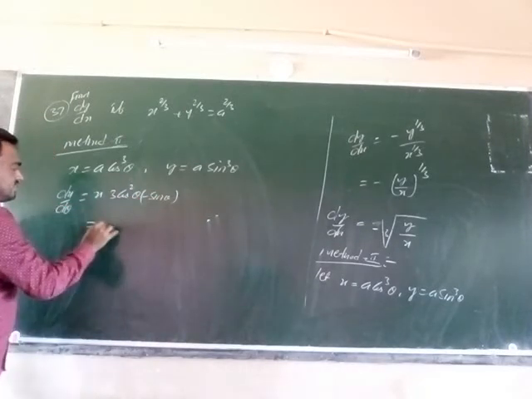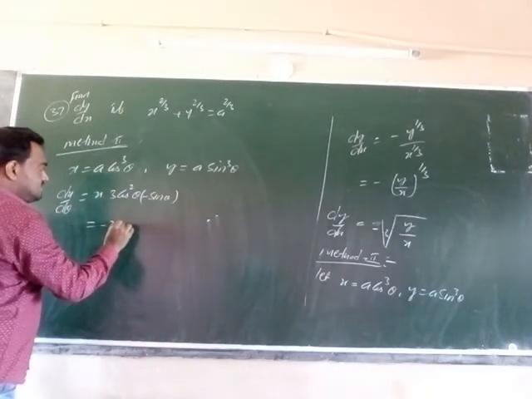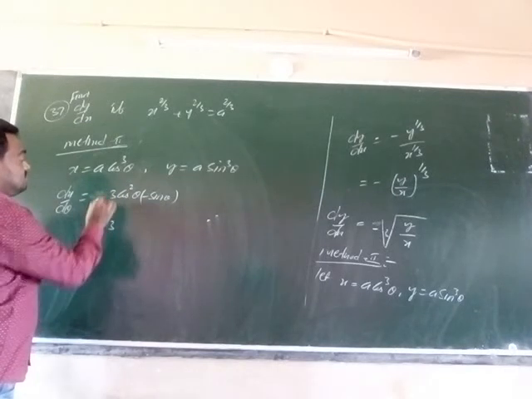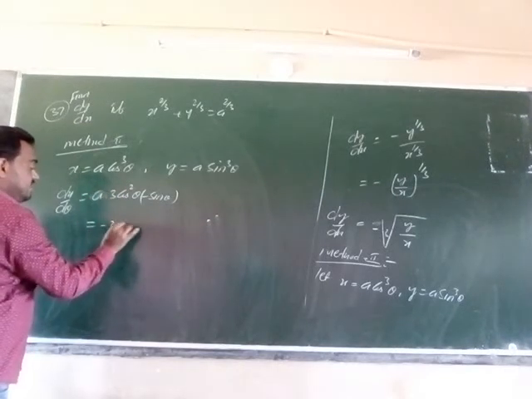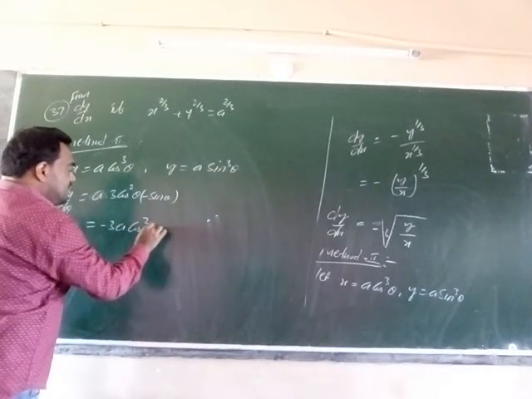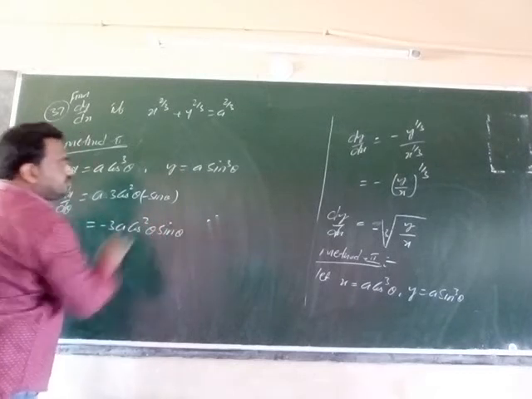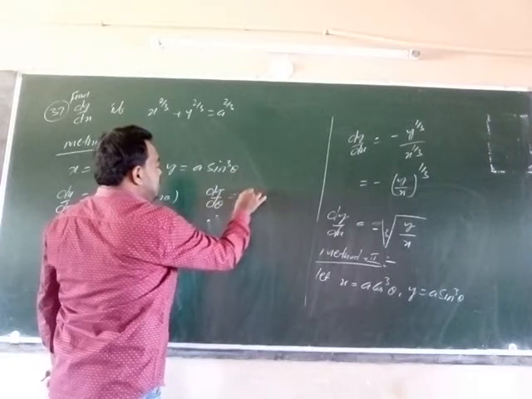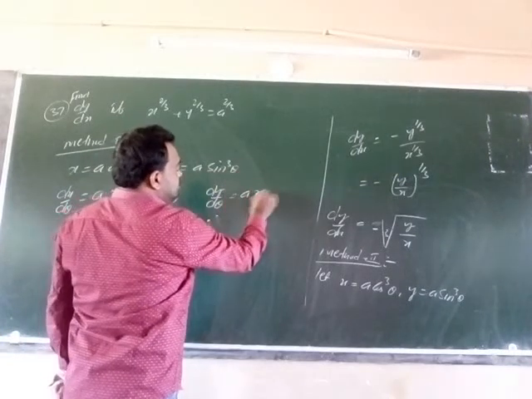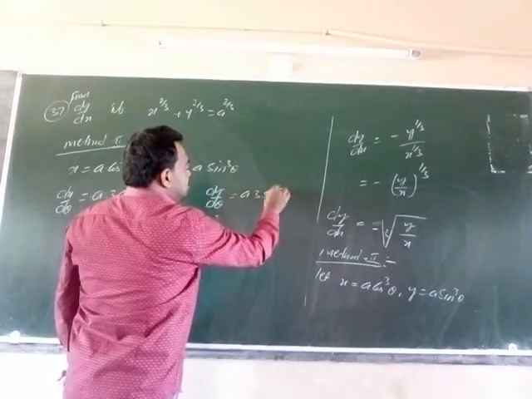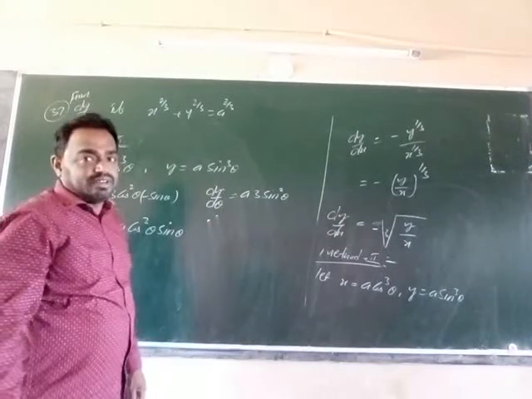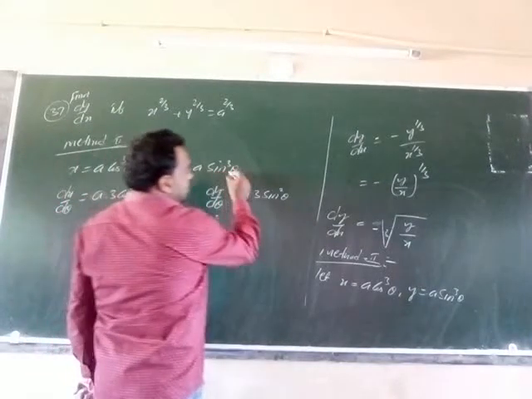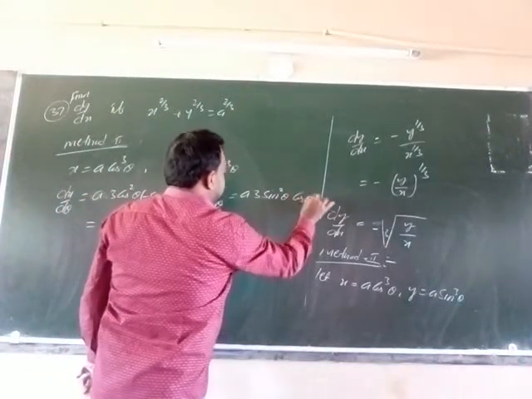So this total result is minus 3a cos square theta sin theta. Now dy by dt is equal to a into the derivative of sin cube, which is 3 sin square theta, into the derivative of sin theta, which is cos theta.